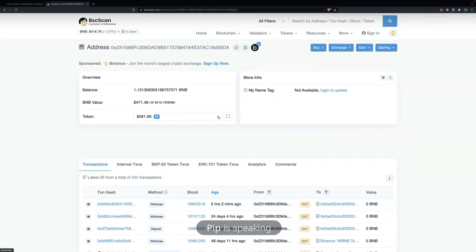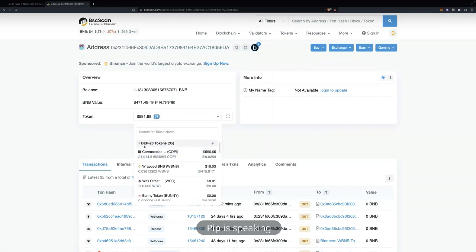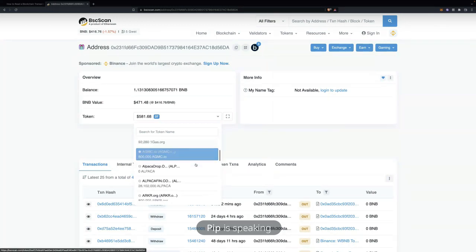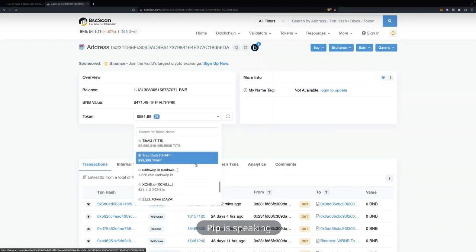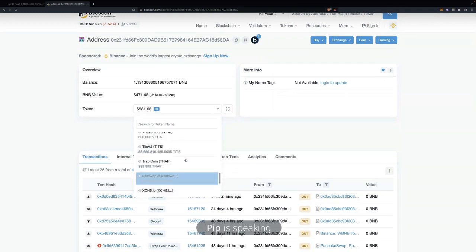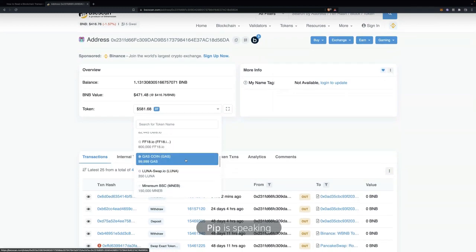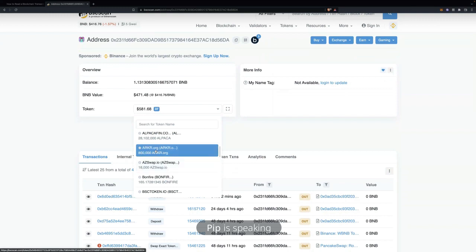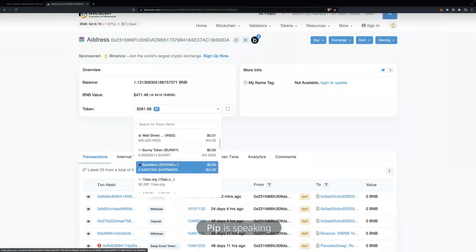But then you also see all the tokens that you have here. So let's go and click here. And these are all your BEP20 Binance Smart Chain tokens that are sitting inside your wallet. So a lot of these ones are fake tokens. We've talked in the group about dusting attacks. Well, some of them are exactly that, like this one here, Archer or AZ Swap, the alpaca.